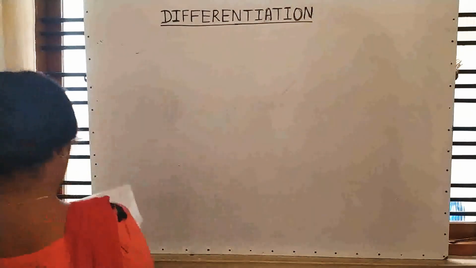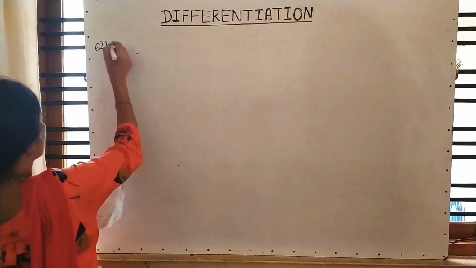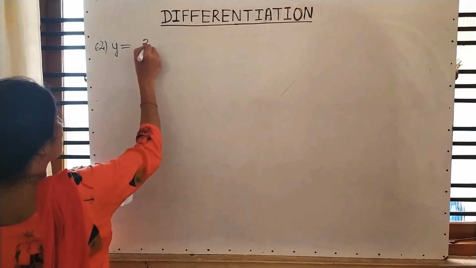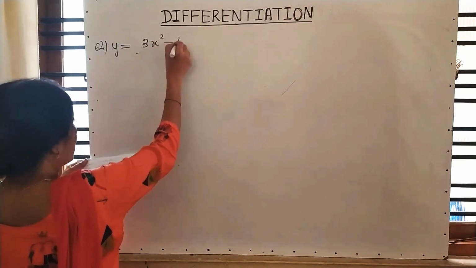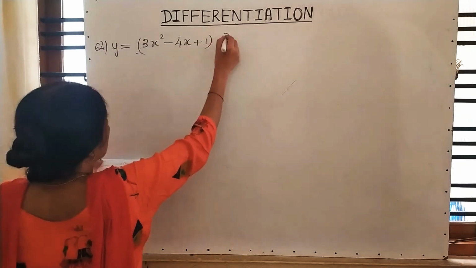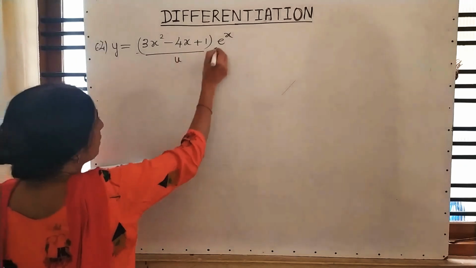Moving to the next question number 64. y is equal to 3x square minus 4x plus 1 into e raised to x. So again which formula? Yes, this complete bracket is u and this is v.